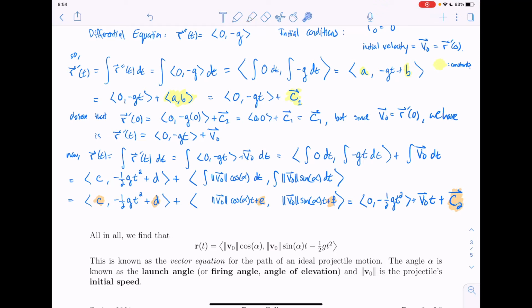However, now we need to figure out what that C2 is. So we're going to do exactly the same trick. We're going to observe that R of 0 is equal to, if I plug it into this final answer here, we'll again get a 0 here, so that'll be the 0 vector. We'll get v naught times 0, which is again 0. So here we'll only get C2.